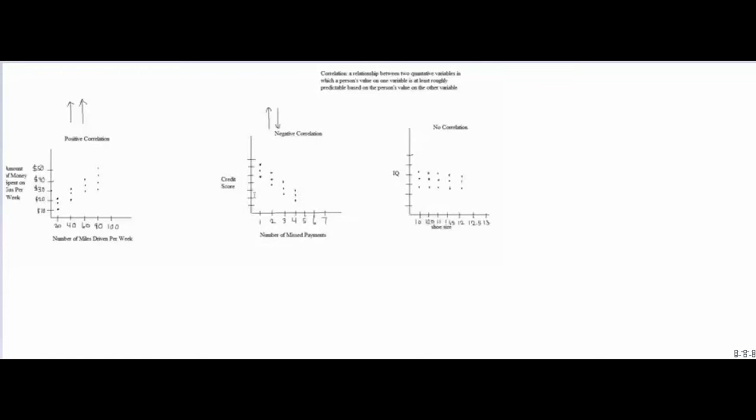It could also be that there's a positive correlation between the number of friends that a person has on Facebook and the number of photos that the person has posted on Facebook, because a person who has a larger number of friends on Facebook would want to share photos with all of those friends, which would mean that it could be that the more friends a person has on Facebook, the more photos they end up posting on Facebook. Let's try to also think of some examples of some possible negative correlations.